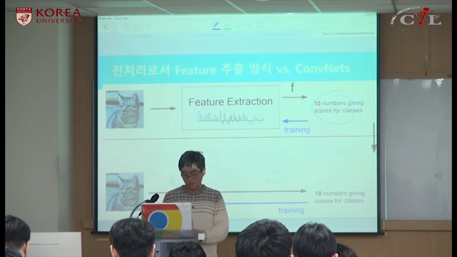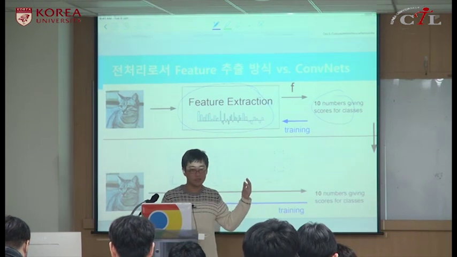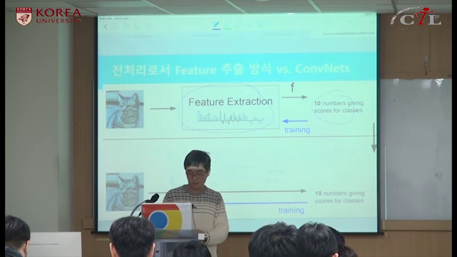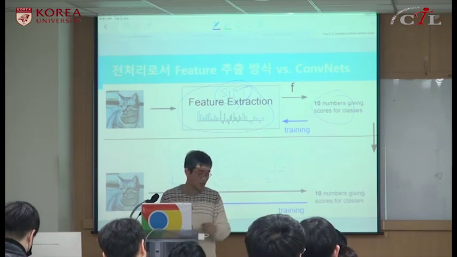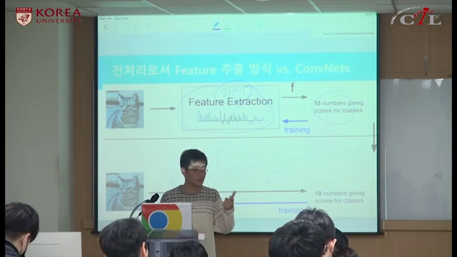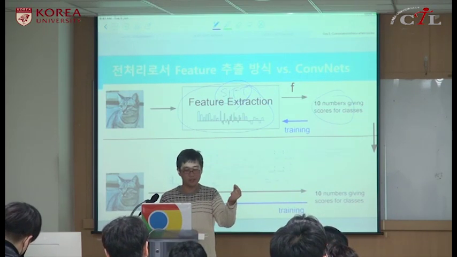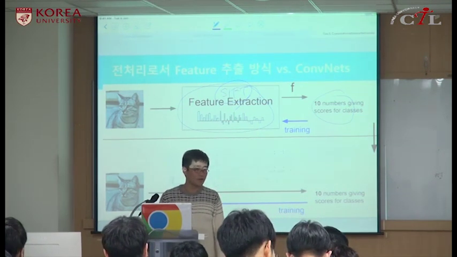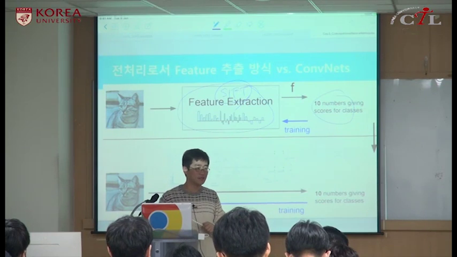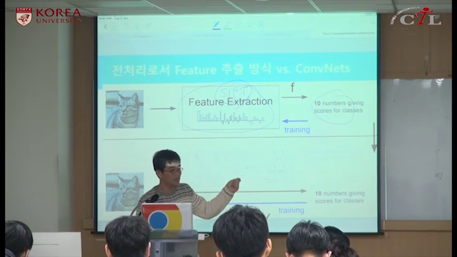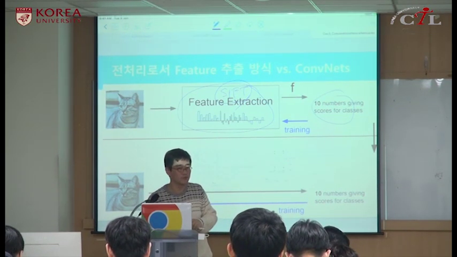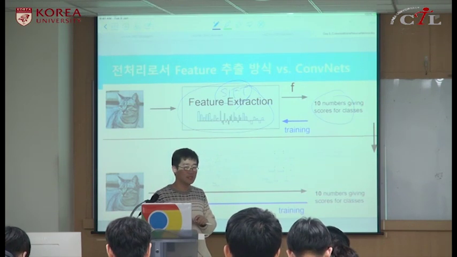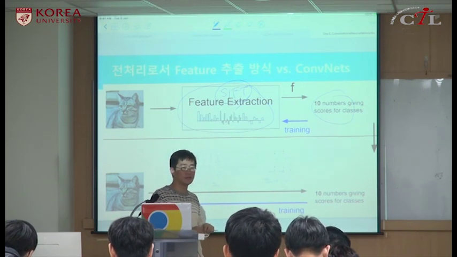The feature extraction scheme I described is called SIFT. We extract the feature vector as a histogram of gradient directions by using this SIFT algorithm. But what if our task is such that SIFT may not be optimally designed for our own specific task?